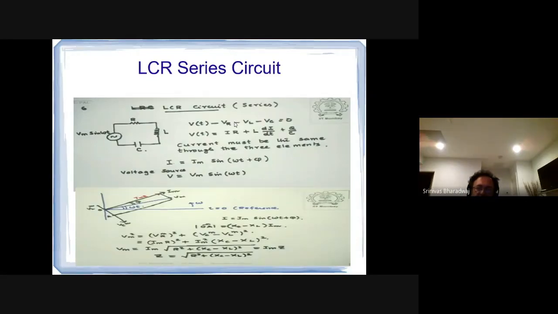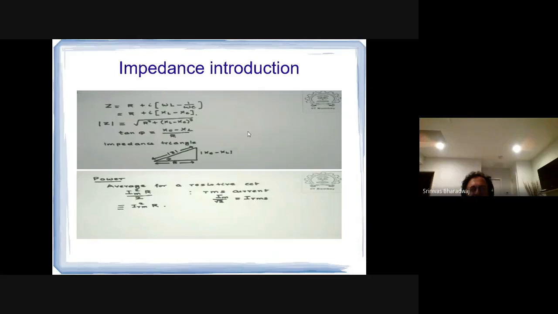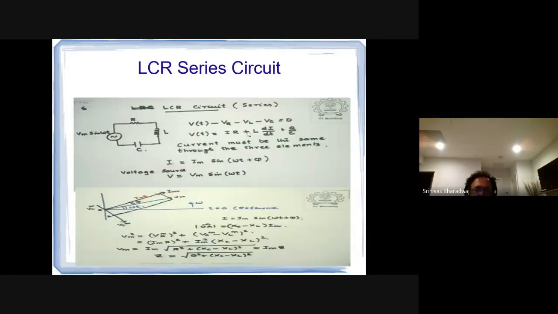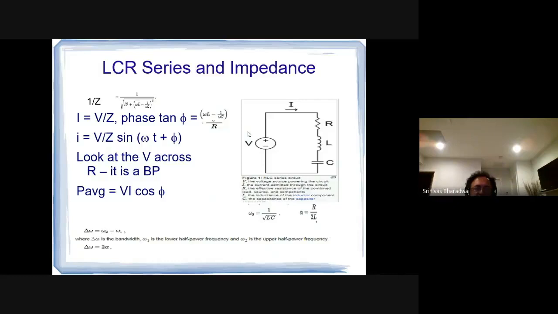V of t equals IR plus L di by dt plus Q by C. Q equals CV, therefore Q by C. If you differentiate this, you'll end up with a second order differential equation. But normally you will solve problems involving LCR circuits using impedance Z. So that's the basic idea here with LCR circuits.